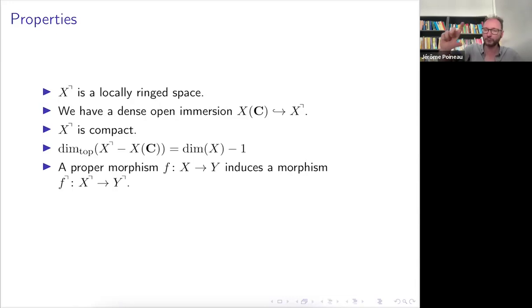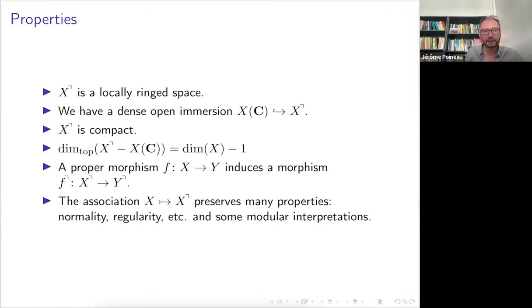So if you have a proper morphism between two varieties, then passing to the compactification, you still get a proper morphism. Since everything is phrased in terms of valuations, it's not so difficult to prove. It boils down to the valuative criterion of properness. And this association from X to X corner preserves many properties. Why is that? It's because we're starting with some analytification procedure.